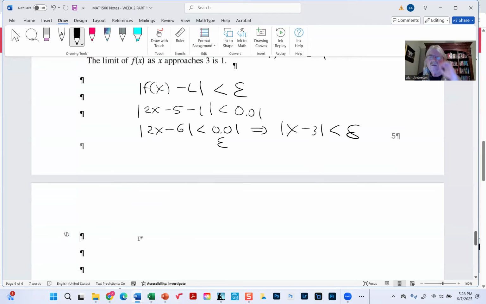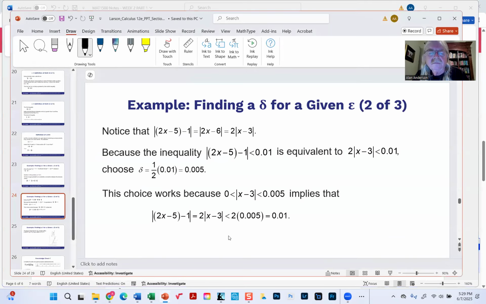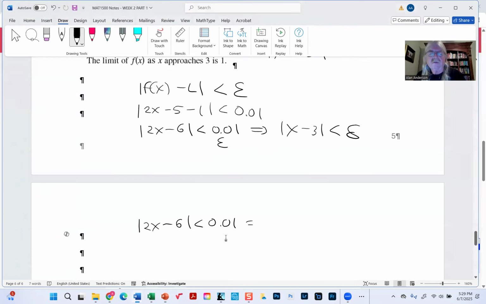Okay, so the reason why I set it up this way is to simplify it, because 2x minus 6, I'd like you to notice here, is the same thing as 2 times x minus 3.